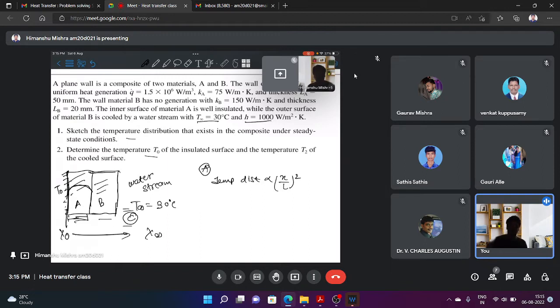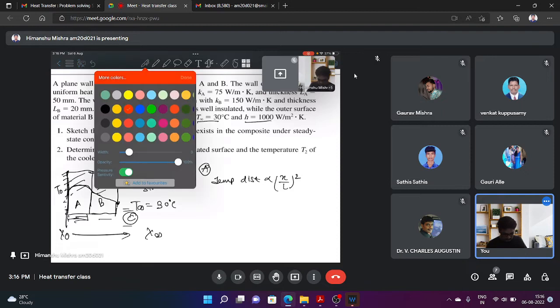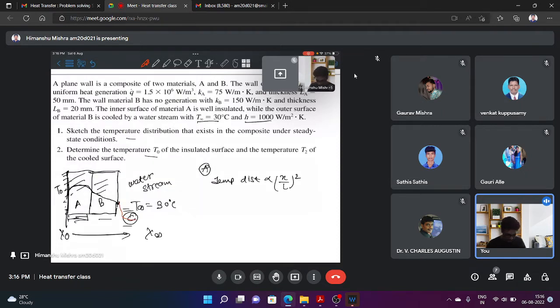The temperature will increase first because there is heat generation at the left side of the plane slab. Upon reaching slab B, there is no heat generation in slab B, so the temperature distribution will be linear in slab B, because the heat is just transferred due to conduction. So here there will be a linear temperature variation, and at the edge of B where the water stream is flowing, there will be a huge drop in the temperature due to the convection.